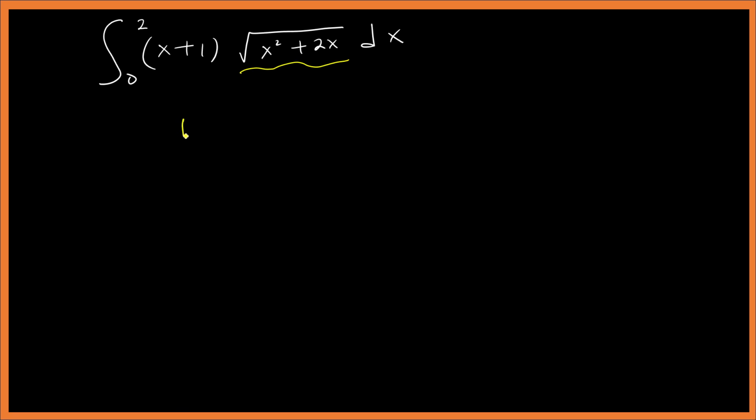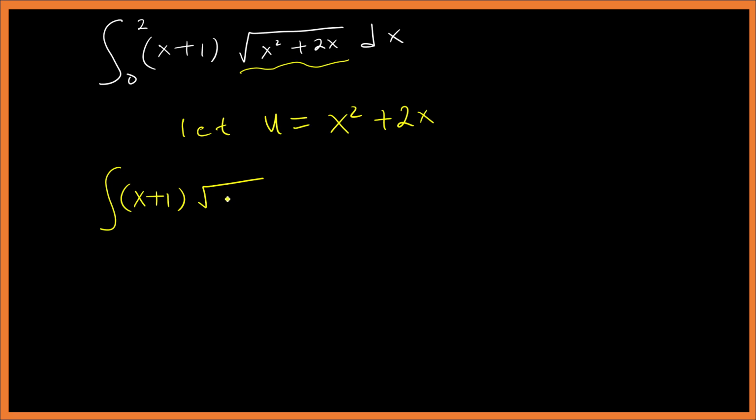So we let u be x squared plus 2x. Okay, so in going back, this side will be x plus 1.